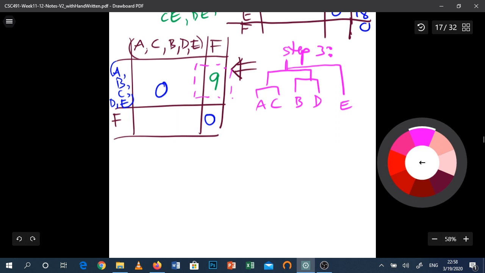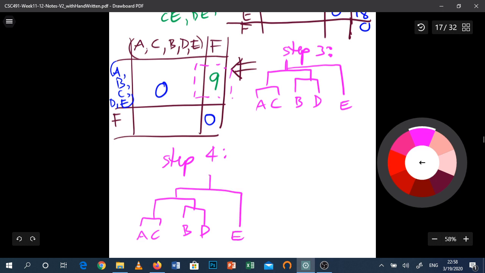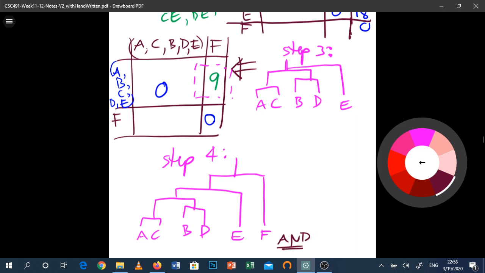So that means step 4, you would have A, C, B, D, these 2 subgroups merge together, then merge with E, then the final merge was with F. Okay. No more single element, so this is the single link clustering, and you can call this the final dendrogram.